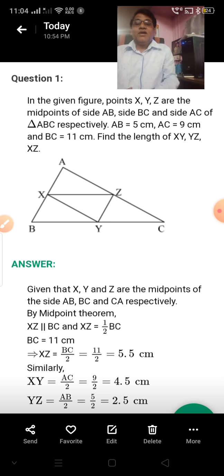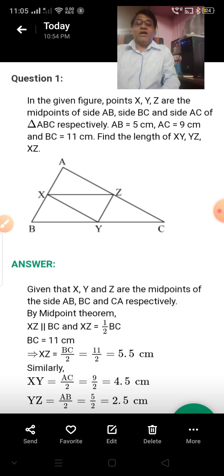See here, question number 1. In the given figure, points X, Y, Z are the midpoints of side AB, side BC and side AC of the triangle ABC respectively. AB is equal to 5 cm, AC is equal to 9 cm and BC is equal to 11 cm. Find the length of XY, YZ and XZ.